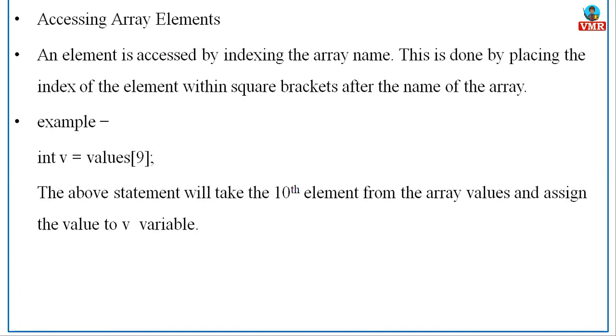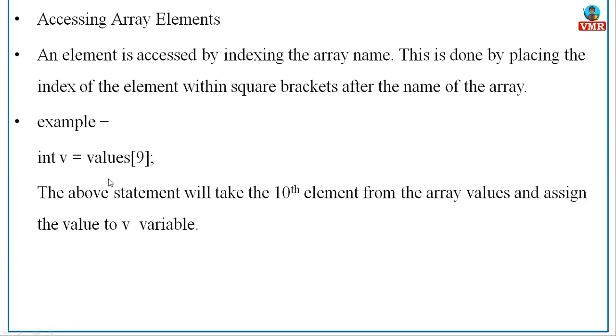Next, accessing array elements. An element is accessed by the index of the array. So all the array elements will be accessed by the index of the array name. This is done by placing the index of the element within the square brackets. So if I just wanted to read the fifth element, what is there, I can simply give int v equals values of 9.